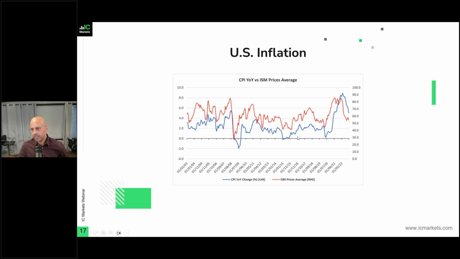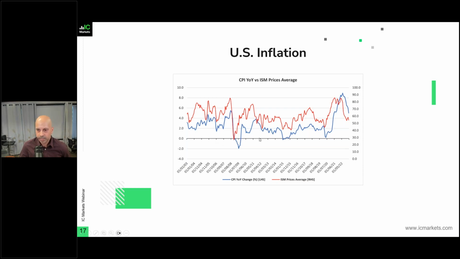So what this chart is telling us is that ISM prices, in red, generally tend to lead the CPI level, which is in blue. So the relationship is relatively tight. In most cases, when you see ISM prices or the average moving higher, you can expect CPI prices to follow suit. And conversely, when ISM prices are falling, you can expect CPI prices to fall as well.